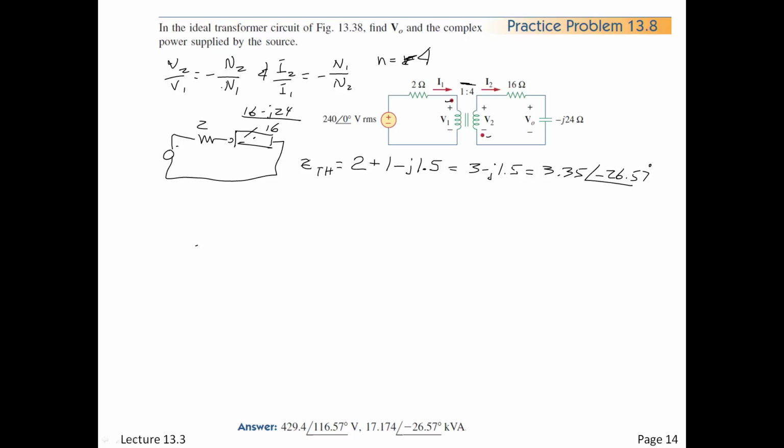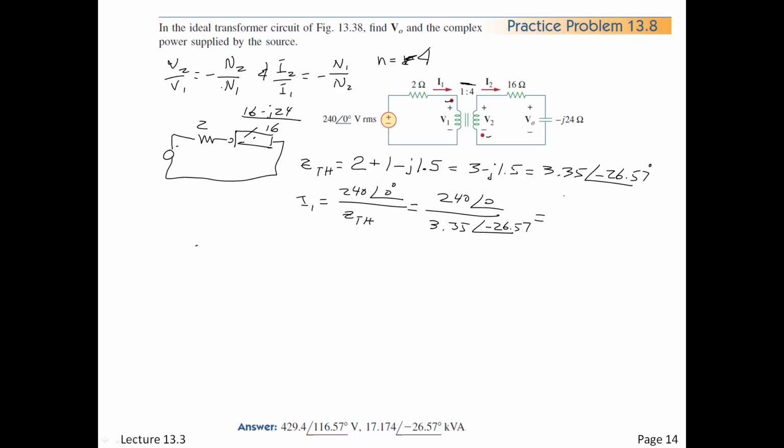The I1, that's our Z Thevenin. So now it's easily I1 is our input source, 240 at an angle of 0 degrees, divided by Z Thevenin. So this is 240 at 0 divided by 3.35 at minus 26.57.